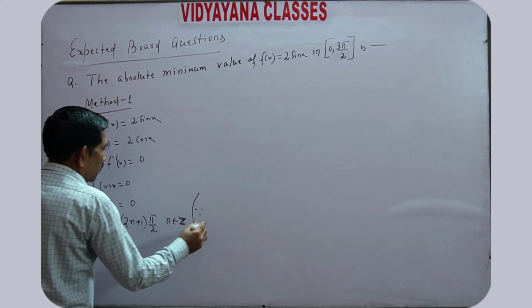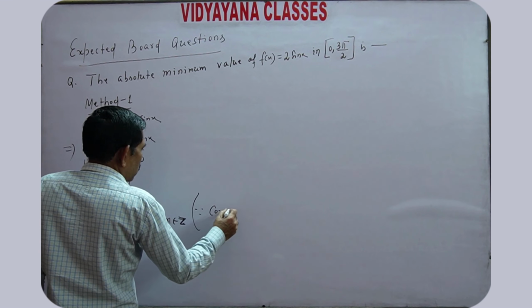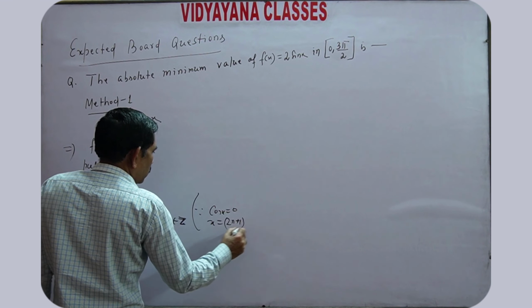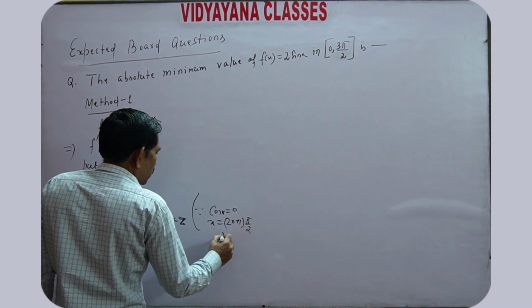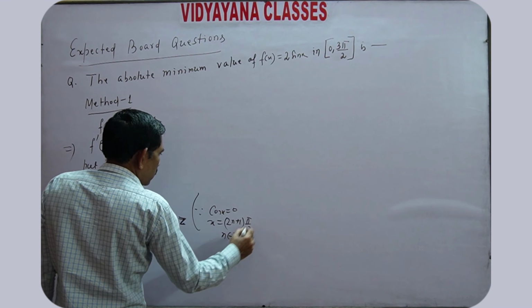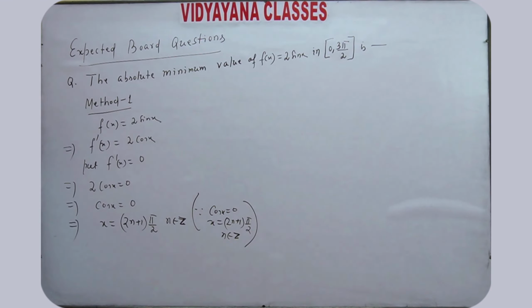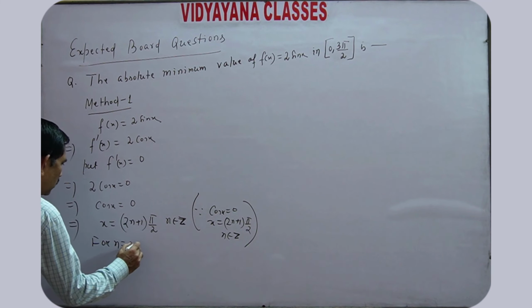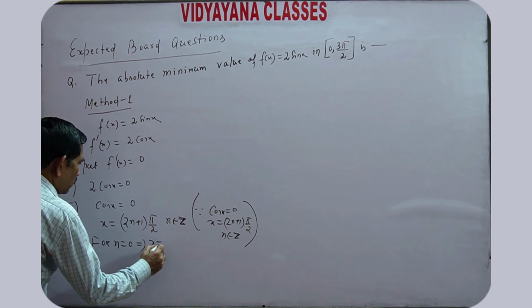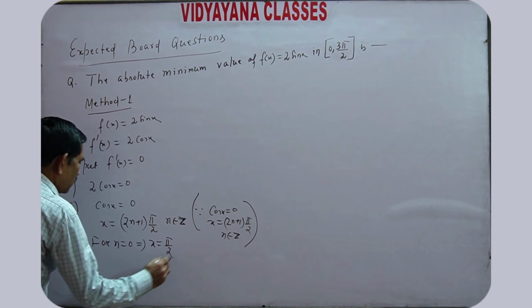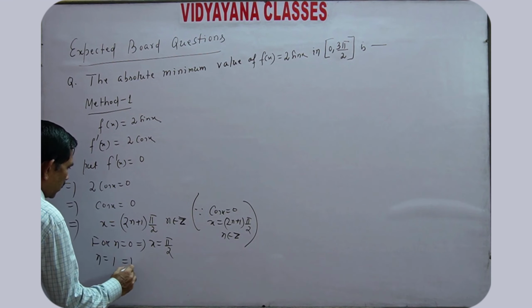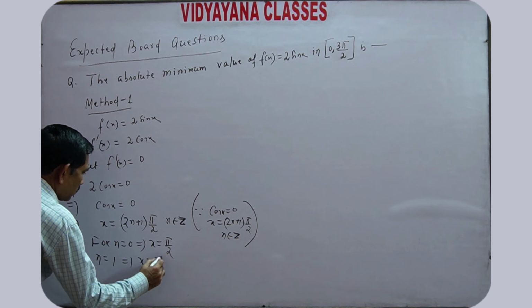Since cos x is equal to 0, x is equal to (2n plus 1) into pi by 2, n belongs to Z set. Clear? For n is equal to 0, implies x is equal to pi by 2. N is equal to 1 implies x equal to 3 pi by 2.